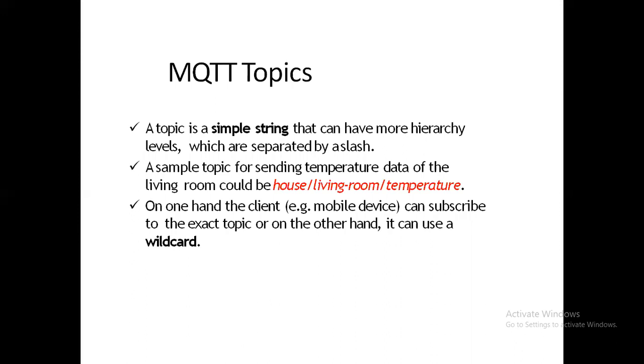Topics are simple strings, like sending temperature data to a living room. That could be a house, living room, temperature. On the other hand, a client such as a mobile device can subscribe to the exact topic, or it can use a wildcard.